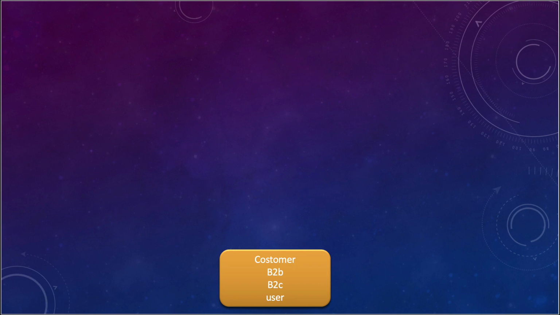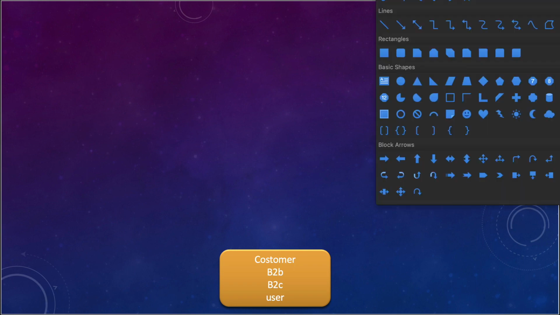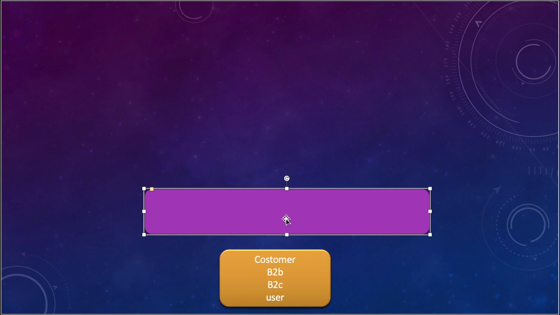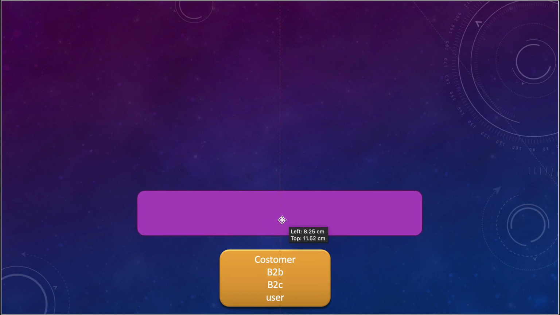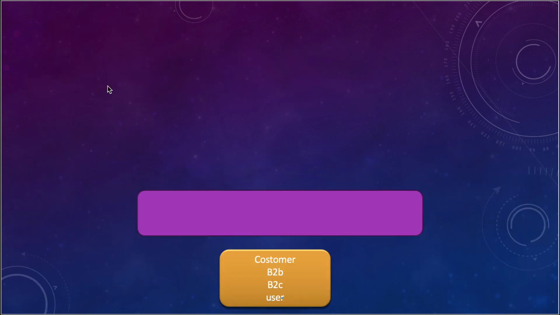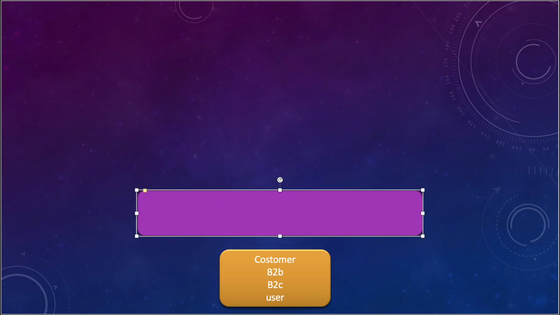So this company then would connect with, this is for example purposes, right? Would connect with our value chain. If you move to this side, managed services, or to put it in another way, IoT service provider, right?